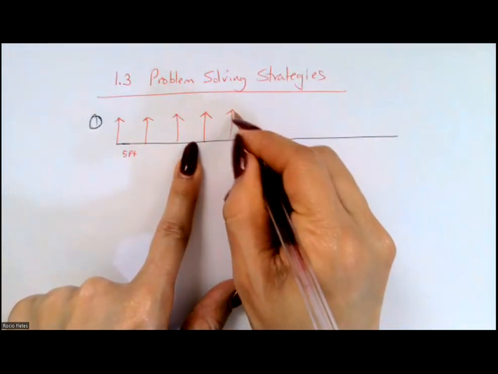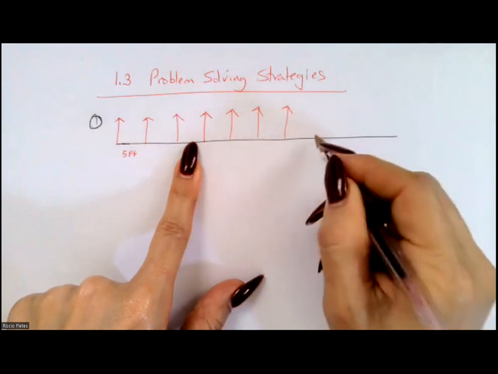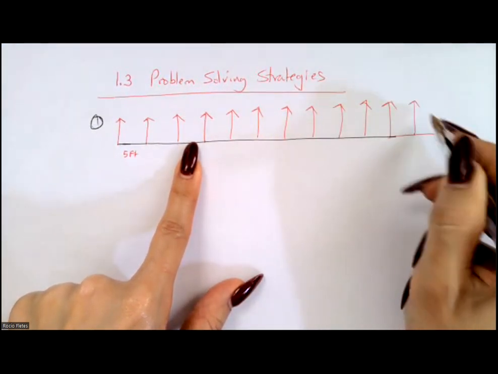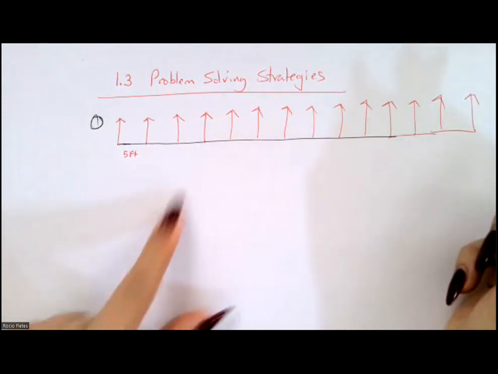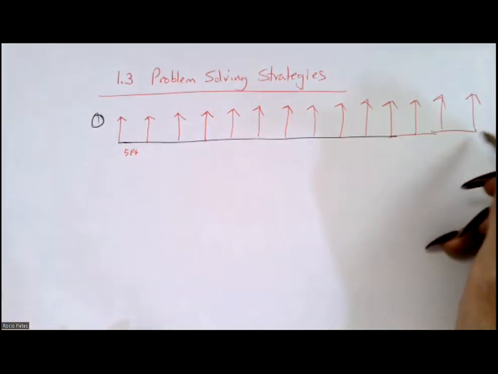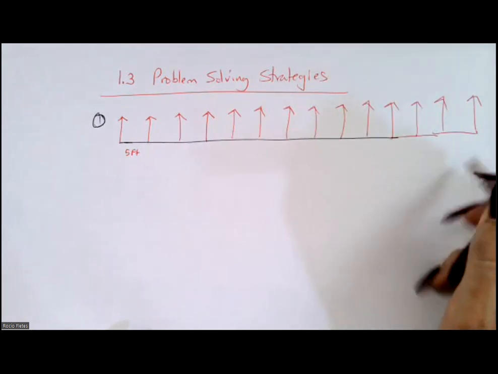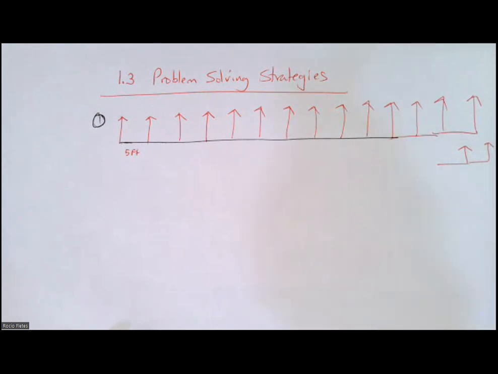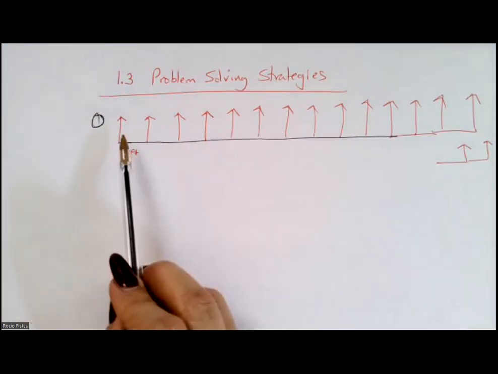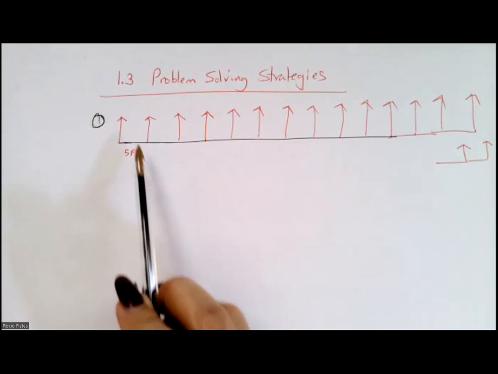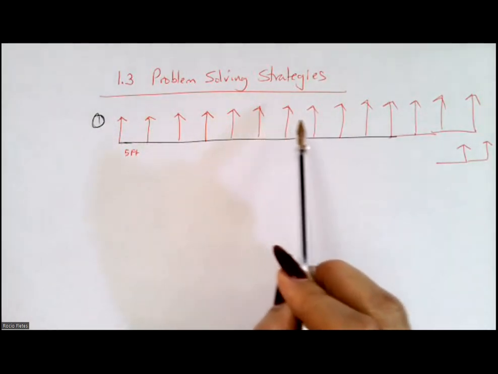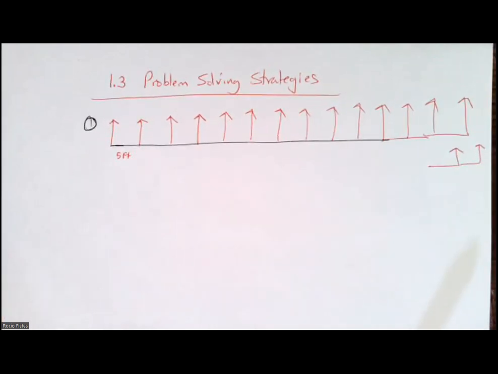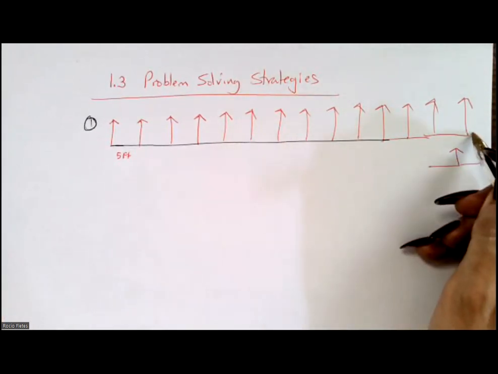Let me continue the drawing here. Make sure you see how many spaces: 1, 2, 3, 4, 5, 6, 7, 8, 9, 10, 11, 12, 13, 14, 15, right?